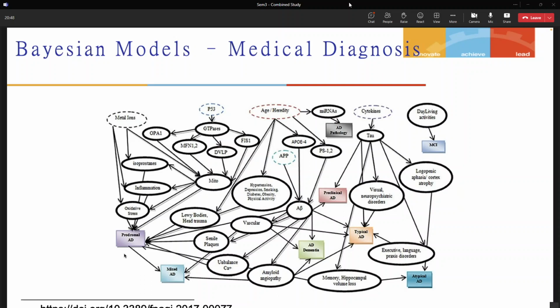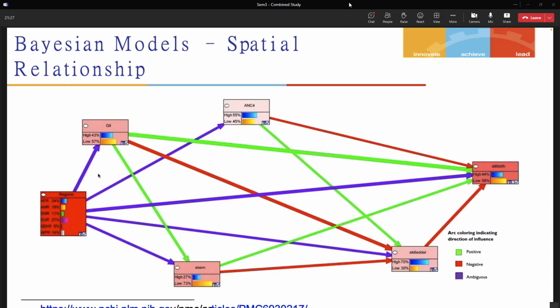That was the study which was done, and it was found that better skilled nurse availability and all that would improve the stillbirth rate, which means it lowers the stillbirth. So again, this is also in the area of the medical field.